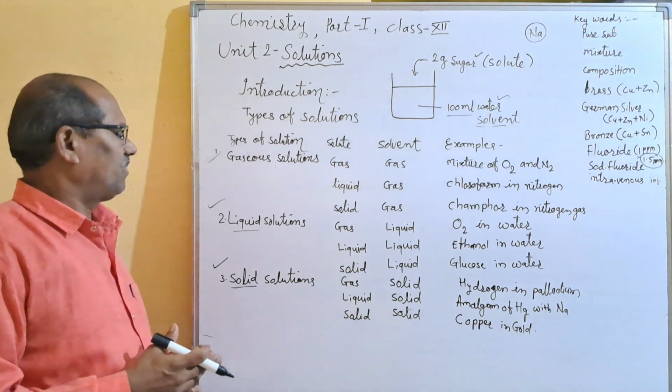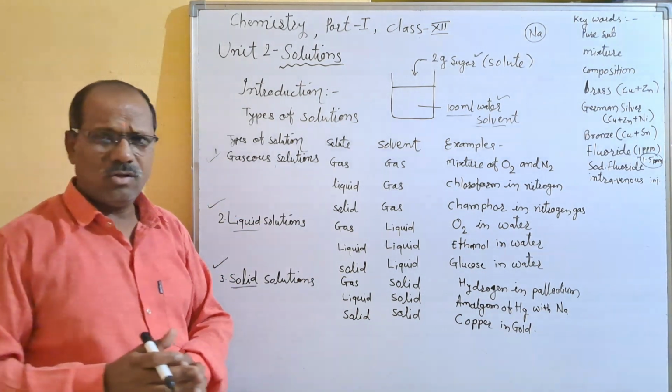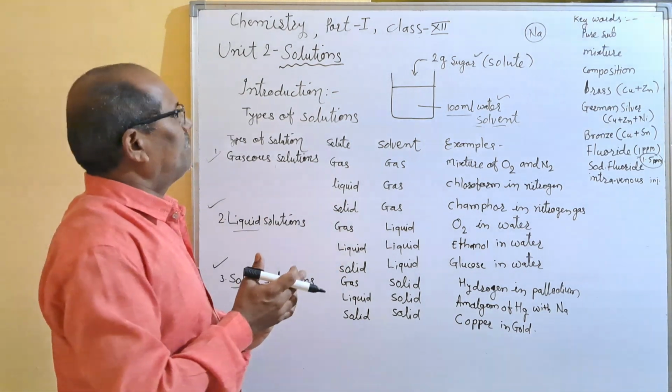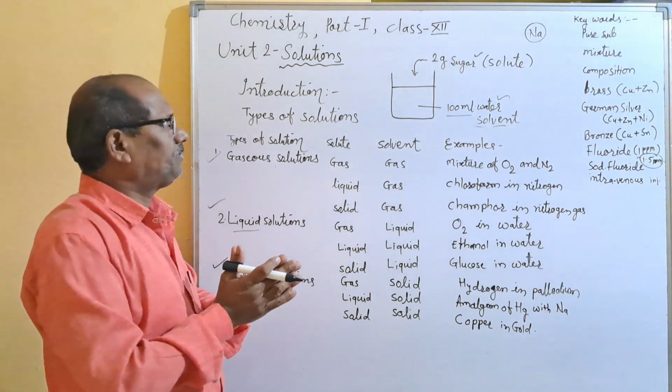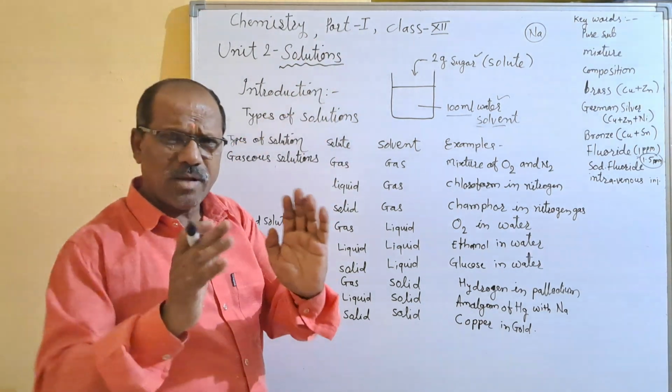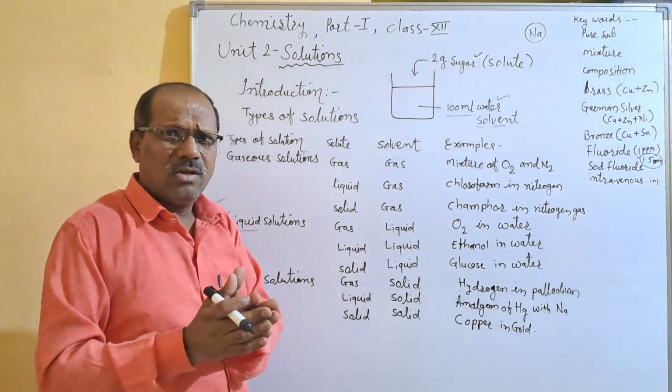In this way we have seen the different types of solutions. Once again I am going to summarize it. Solutions are an important part of routine life, because we come across solutions in different activities of our daily life.